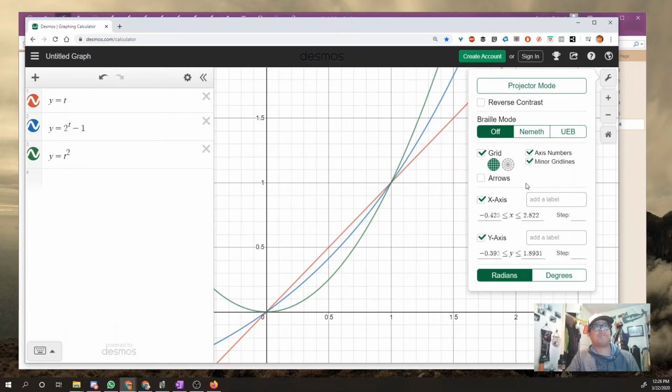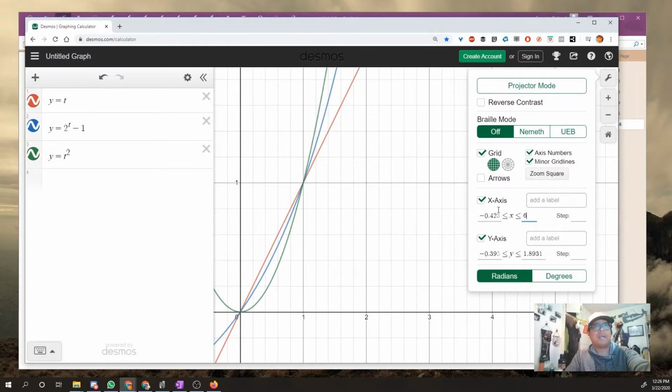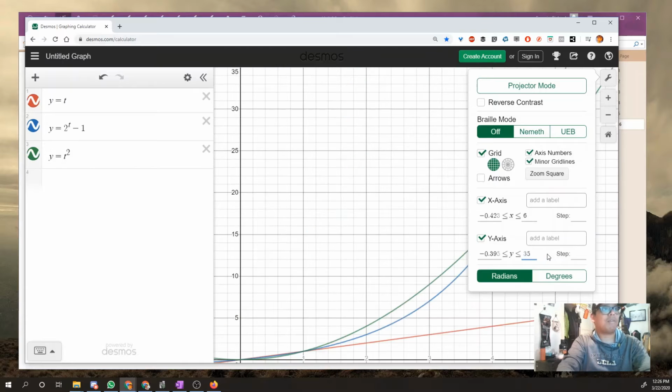Our t is on the x-axis, so let's go all the way to 6. Having some idea about what this looks like, I know that we should go to about maybe 35, so we can take a look at how these graphs behave.